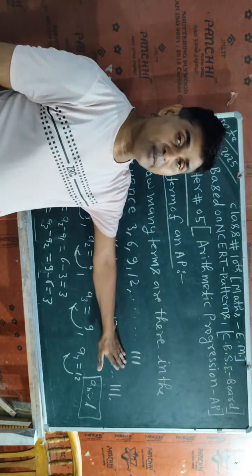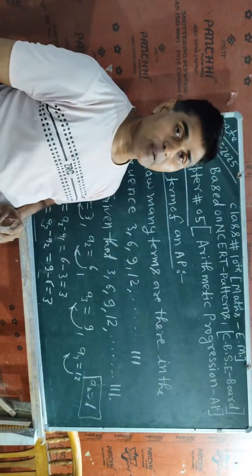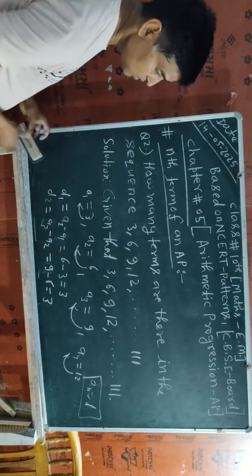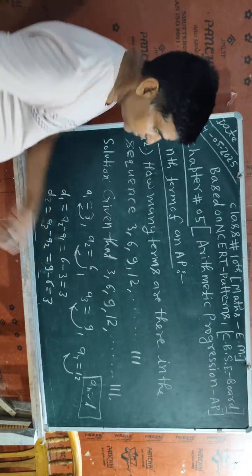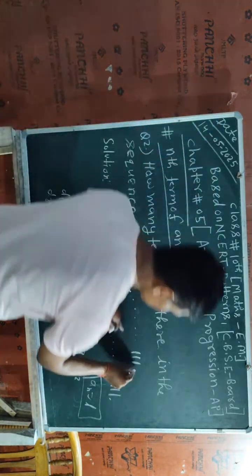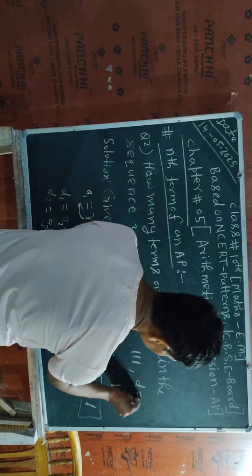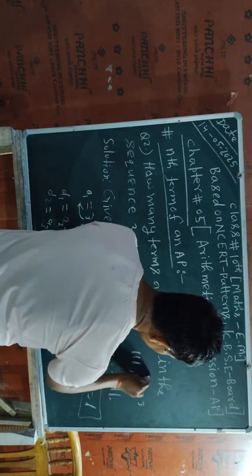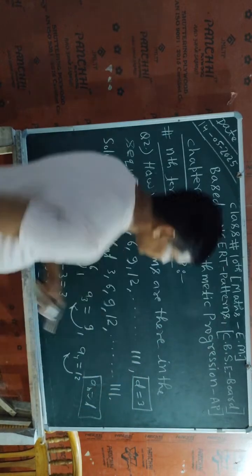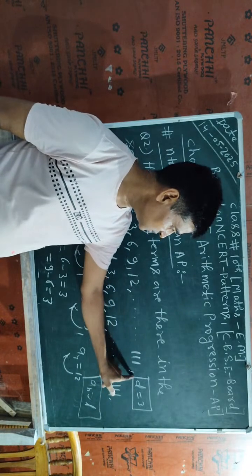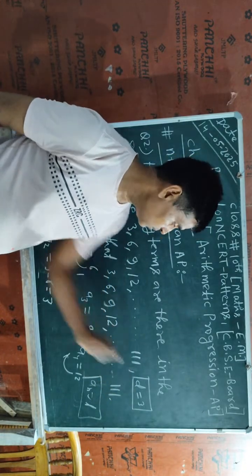That can be obtained this way. Okay, students. So the common difference is 3. So here I will set its value, because further I will use d which is equal to 3. For finding the number of terms, the common difference is necessary for calculating the value of n.